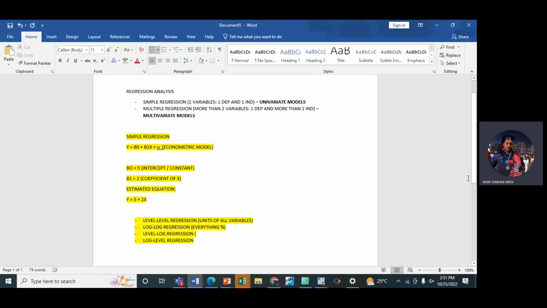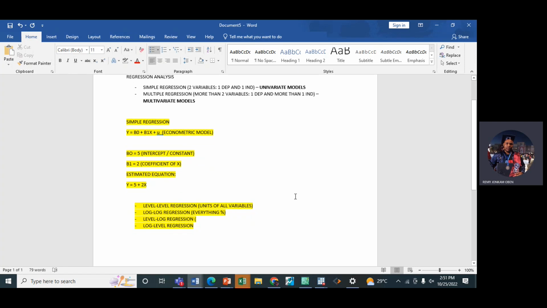I demonstrated in class. For instance, by the way, let me copy this regression model. For level regression, we can have something like this. You see, Y is level, that is original data, X is original data.